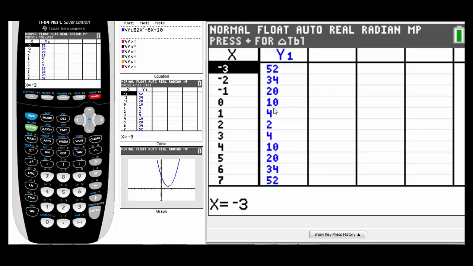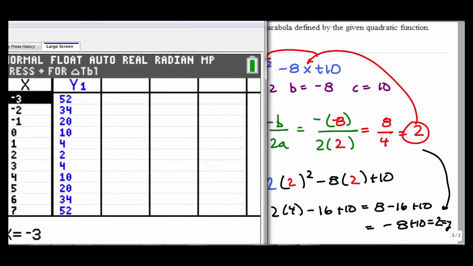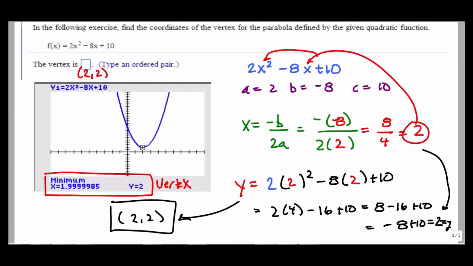All of these values are higher, so are these. Also see a lot of symmetry here. Notice it goes 4, 4, 10, 10, 20, 20, and we'll use that in a little bit. But this tells us that if my x is 2, y is 2. So you can come over here and find that value as well. So that's how we can find the vertex, either given standard form or non-standard form. Kind of just depends on where we start.